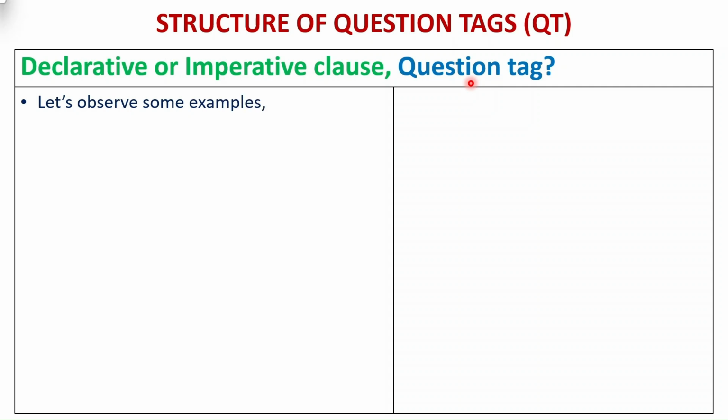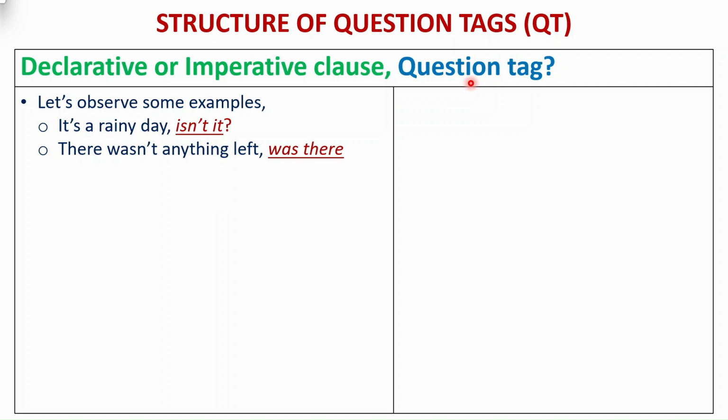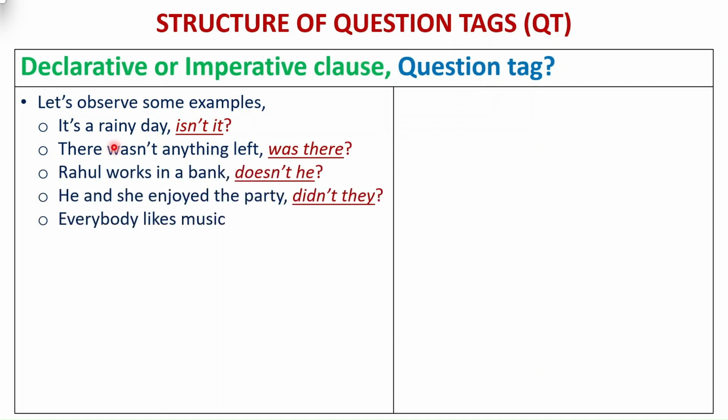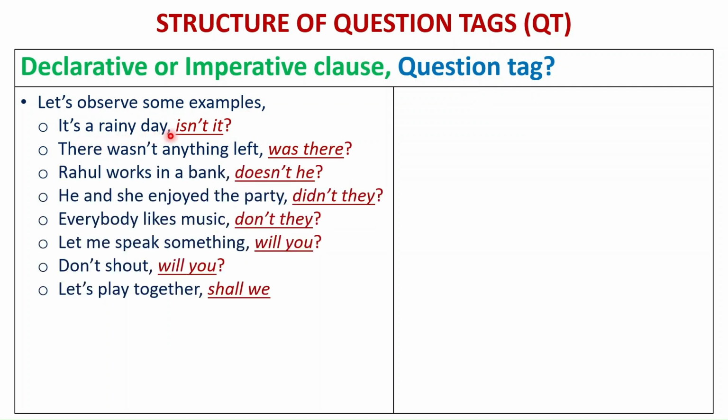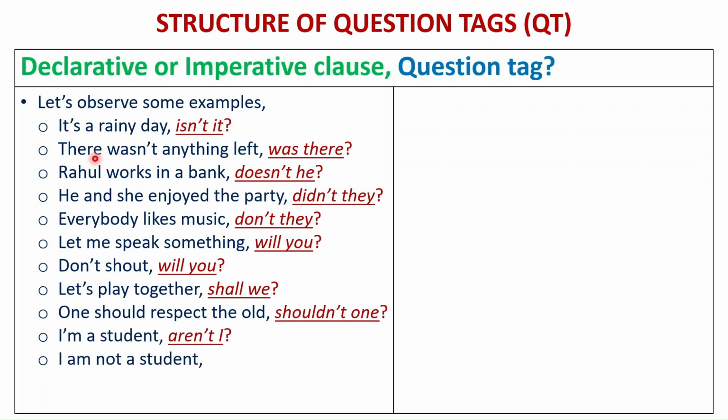First of all, we are going to observe sufficient examples of question tags. It's a rainy day, isn't it? There wasn't anything left, was there? Rahul works in a bank, doesn't he? He and she enjoyed at the party, didn't they?